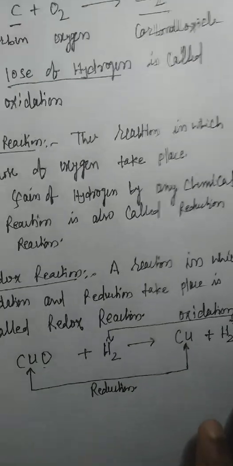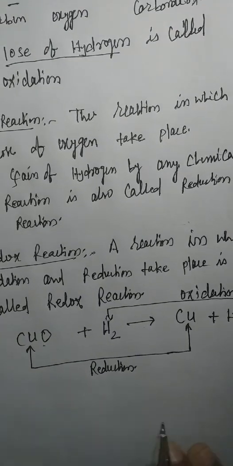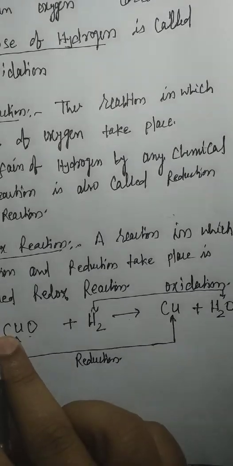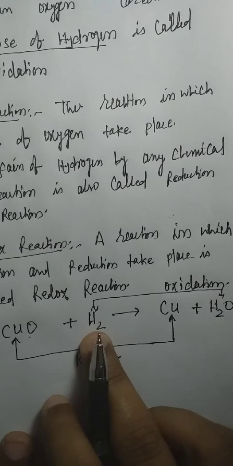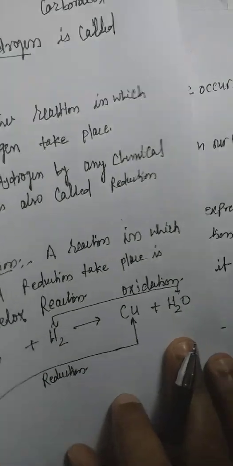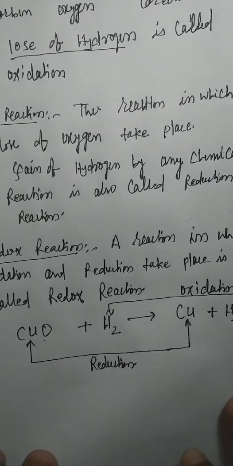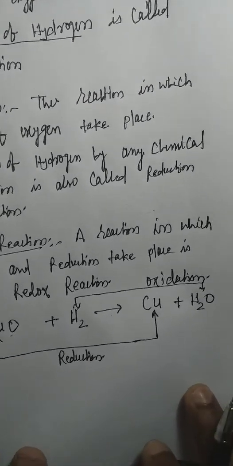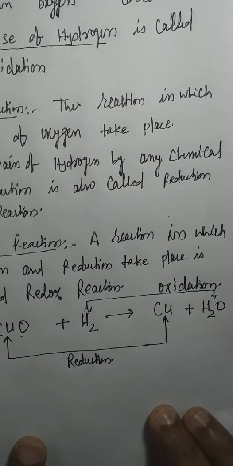So what you found is an example in which one substance undergoes reduction and another undergoes oxidation. Both things are going on simultaneously in one reaction. That's why it is called a disproportionation reaction or redox reaction. Memorize this. This is called a redox reaction.